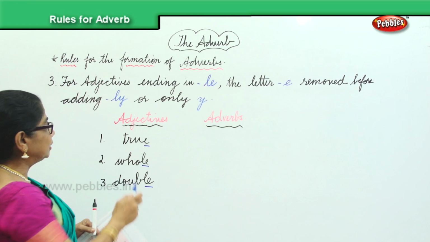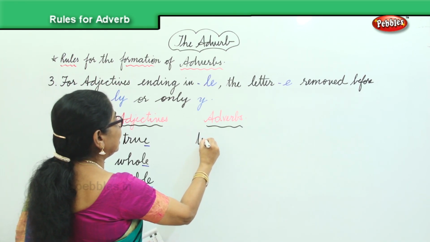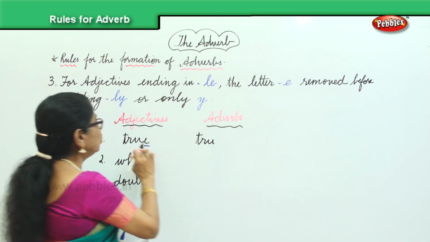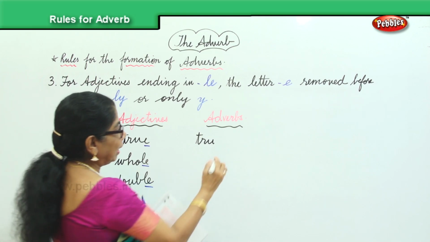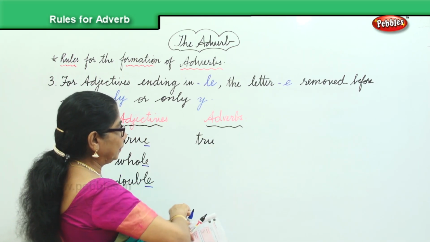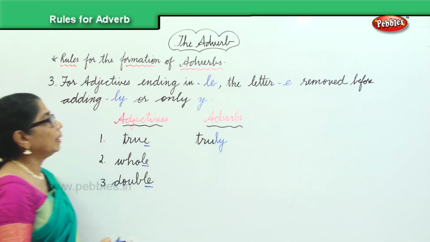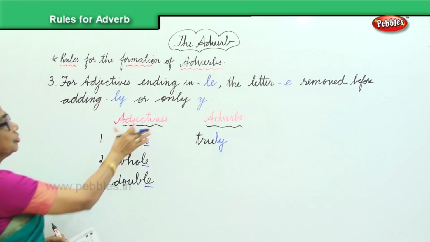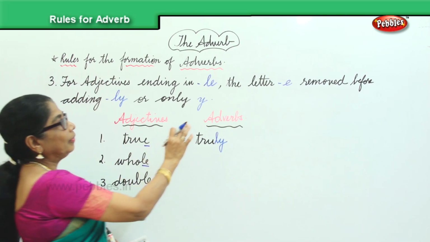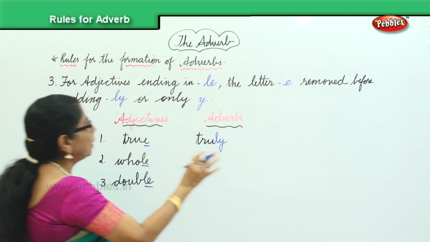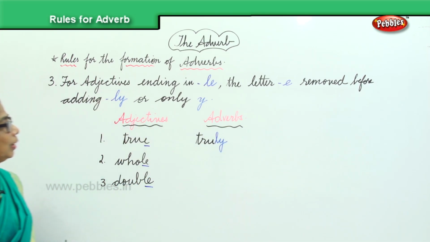So the first one is true. Here you have TRU, the e is removed and you simply add ly. The rule number 3 for adjectives ending in e or le, the letter is removed before adding ly or y, and so you get true, you get truly.